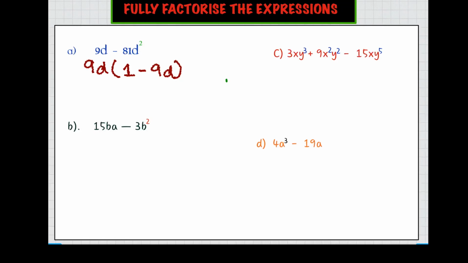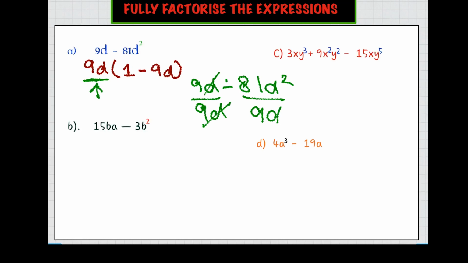In other words, if you divide this term 9d minus 81d squared with this common factor we have taken out, 9d and 9d, that would give us 1 minus 9d. So 81d squared divided by 9d gives us 9d. So 1 minus 9d you get.